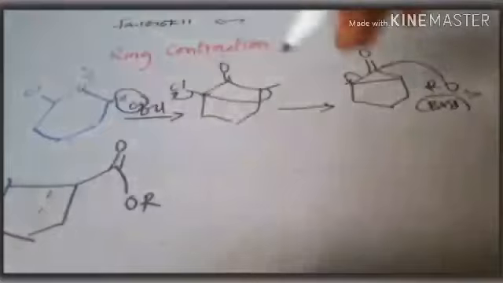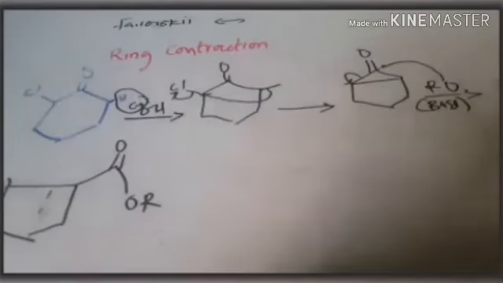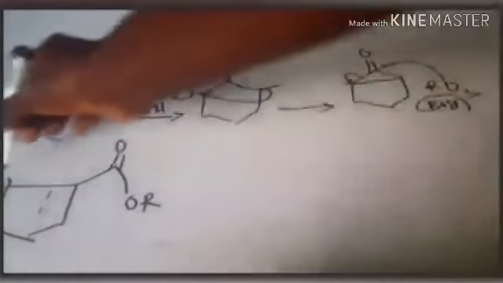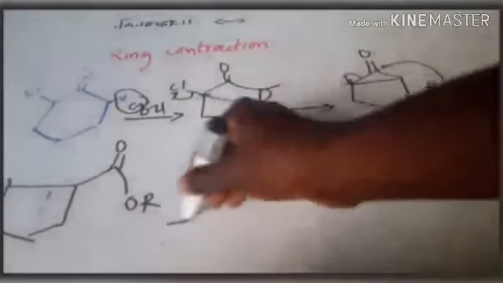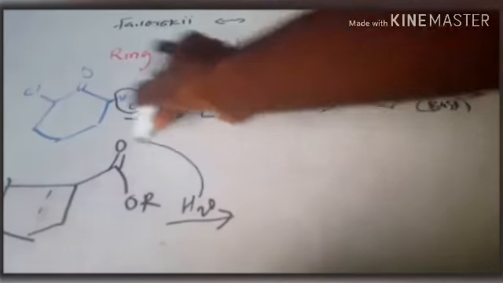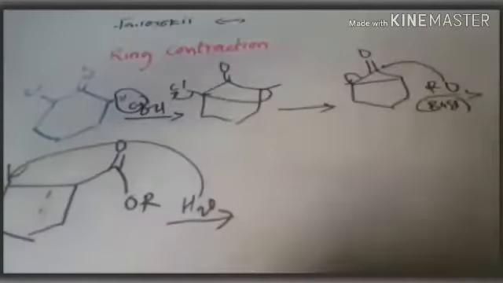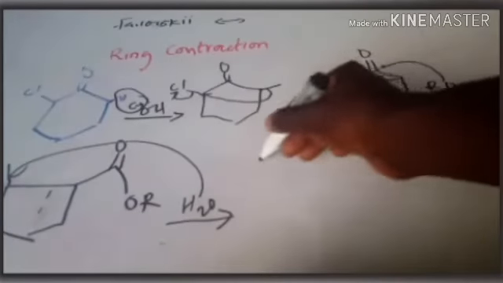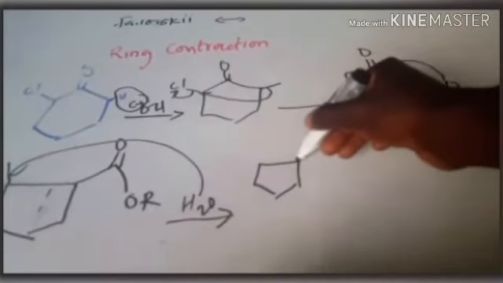So this is the alkoxide group. When you see alkoxide and a ketone reacting together, you get ester. So this is our ester, but we still have a negative charge here, so we are going to treat it with water, with H2O, and water attracts that negative charge, and we get our desired product.